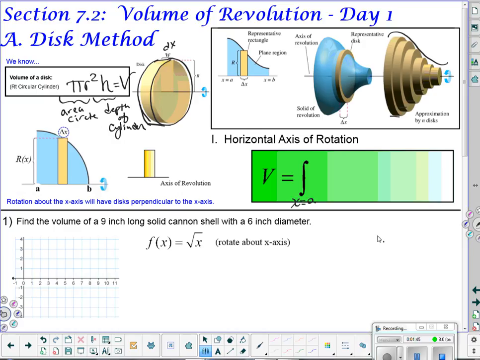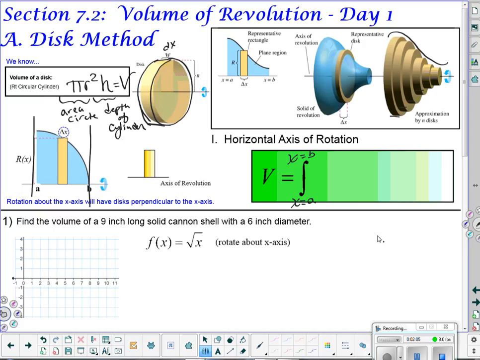So we can say we're going to integrate from some starting x value, a, and go up to an ending value of b. Those are going to be like our vertical lines where we're integrating between x being a and x being b.